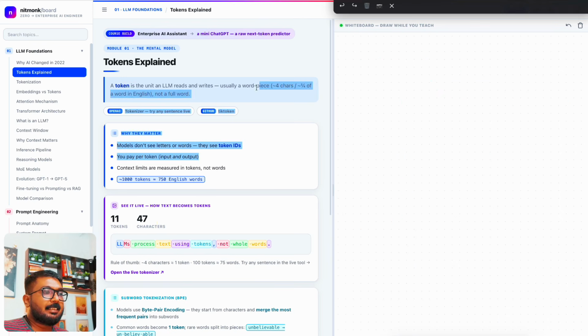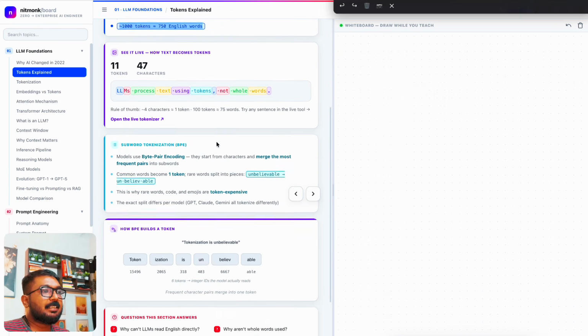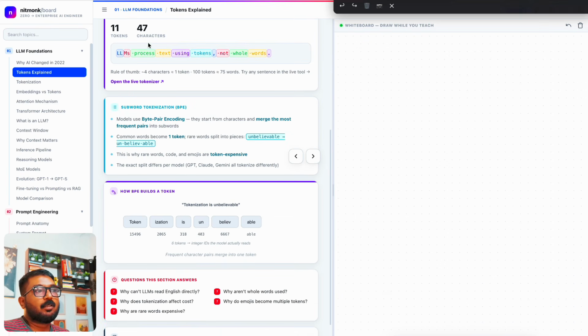So these are different sets of tokens, their characters. The rule of thumb is that 4 characters are about one token, and 100 tokens are around 75 words. If 4 characters are there, we say this will contain one token.